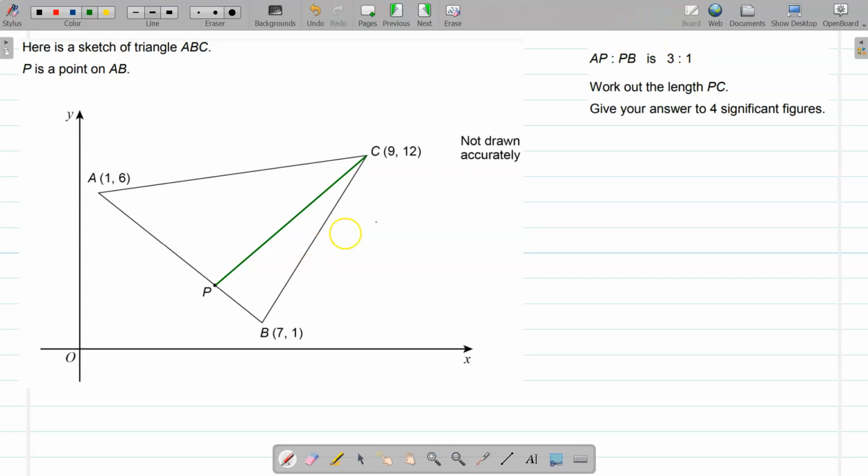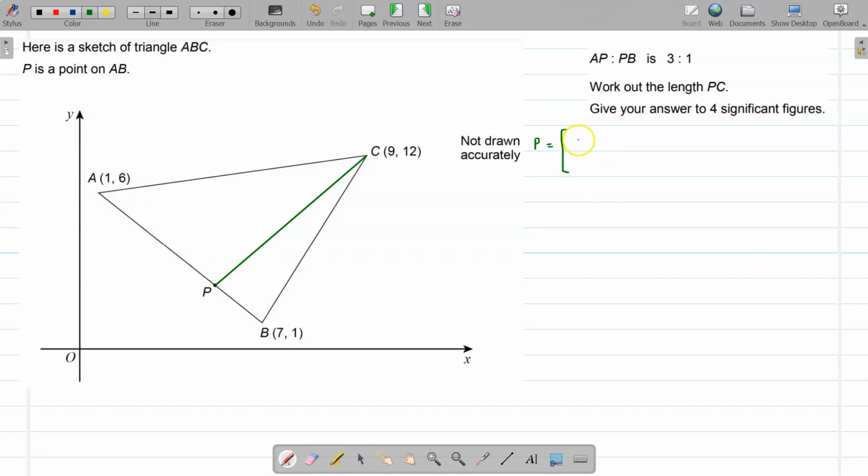The 3/4 comes from this ratio, you see, 3:1. So I'm going to say that the point P has the following coordinates. So the x coordinate is going to be 1 plus 3/4 of the distance between 1 and 7, which is 6.